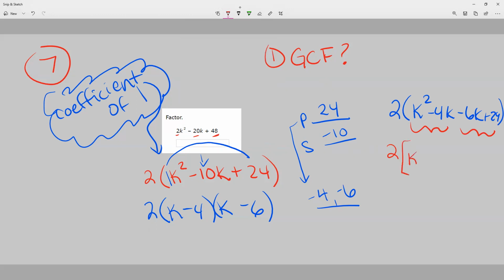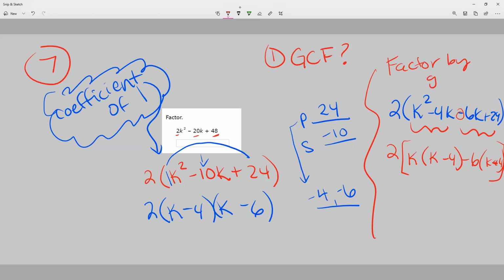So it'd be k and then the k minus 4, and then negative 6, k minus 4. Hopefully you can see that you'd still get the same answer, but it would just be more work if you do the factor by grouping. So this is a shortcut where you just plug these in. All right, moving on.